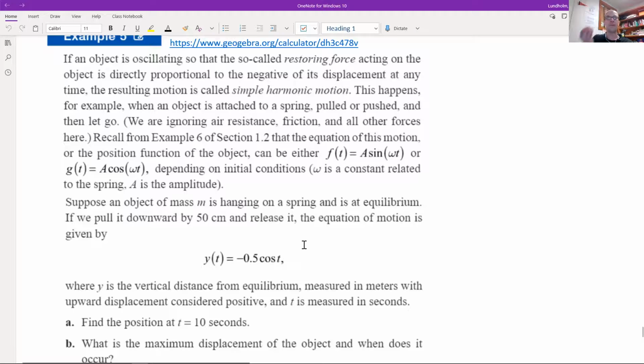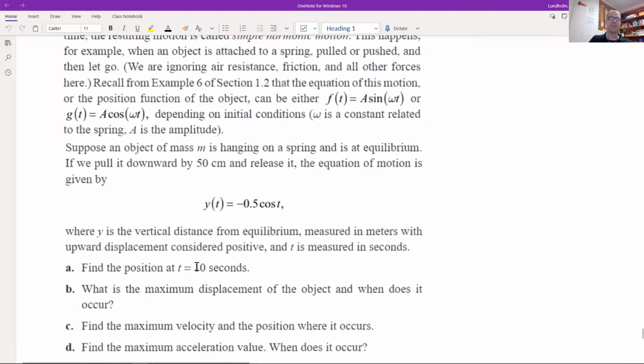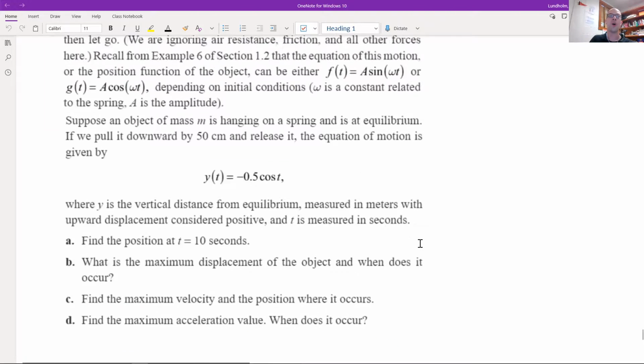If we pull downward by 50 centimeters and release it, the equation of motion is given by negative 0.05 cosine of t, and our function's y of t, where y is the vertical distance from the equilibrium measured in meters with an upward displacement considered positive, and t is measured in seconds. Cool.